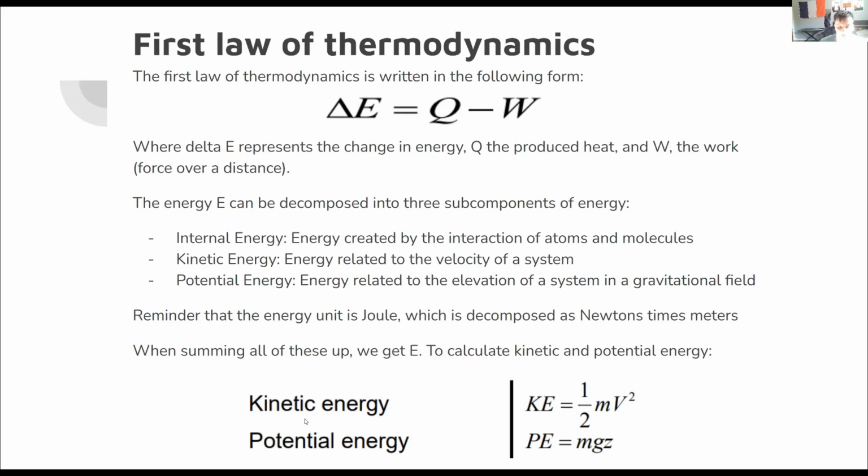The equation to find kinetic energy is 0.5 times mass times the velocity you're going at, squared. Then the potential energy is the mass of the substance you're studying times g times the height.